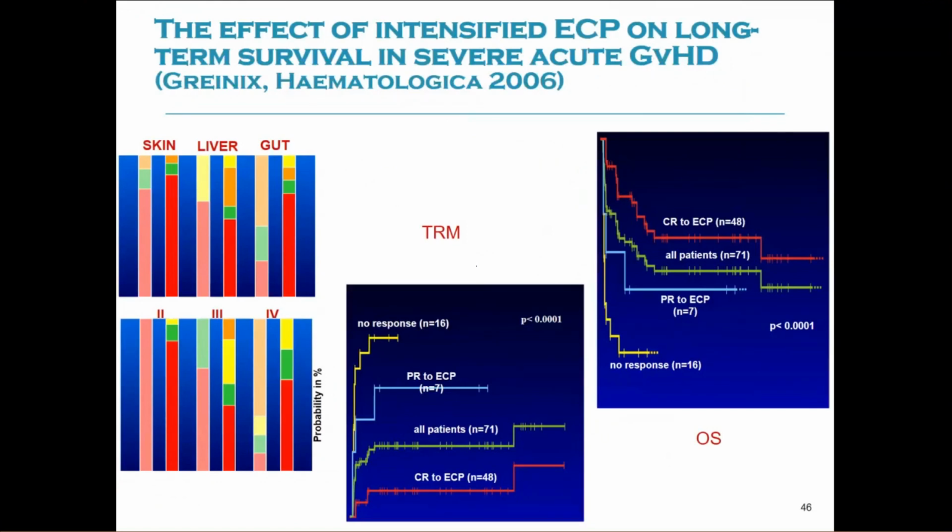Reinex et al. have shown that the positive effect of intensified extracorporeal photopheresis on the long-term survival in acute GVHD was accompanied with a low TRM in the group which responded to the ECP, and this was also reflected in the overall survival in the responder group.